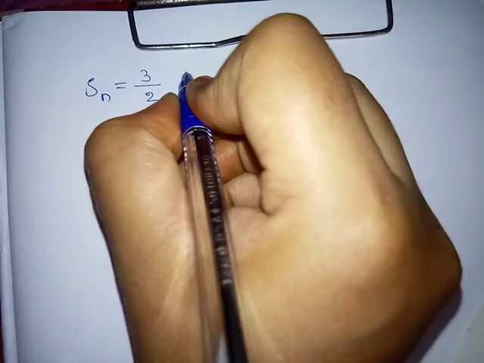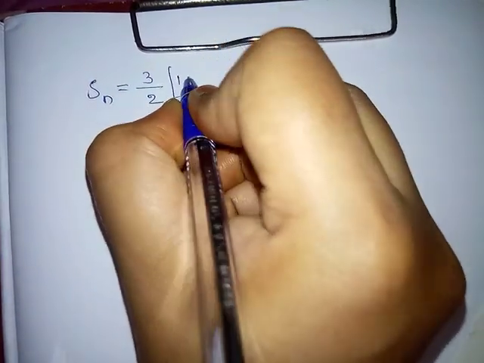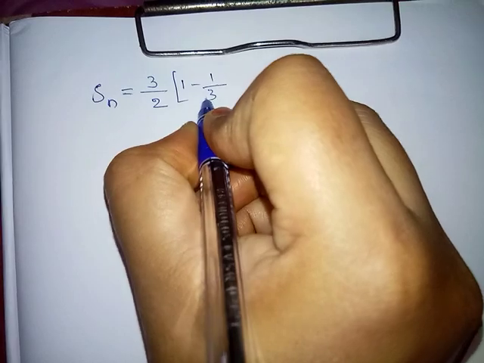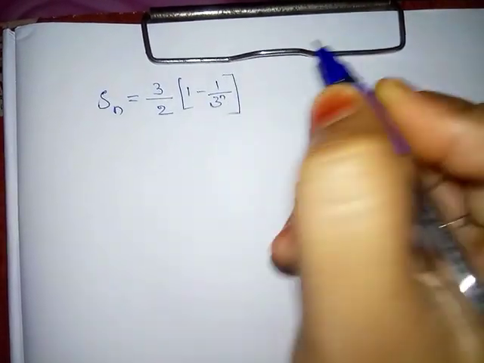Once again, I will write Sn here. Sn is equal to 3 by 2, 1 minus 1 divided by 3 raised to n.